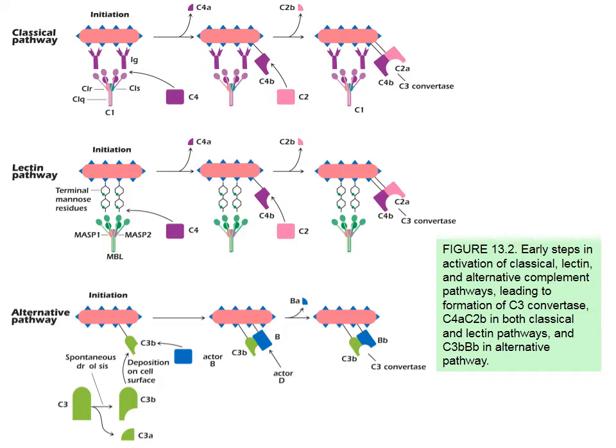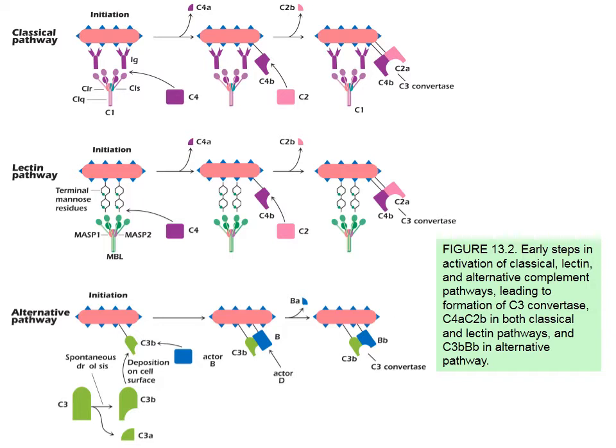Now, if you look at the early steps in activation of the classical, lectin and alternative pathways, you'll see that they all lead to formation of C3 convertase, which is an enzyme, and that will cause the breakdown of all the different steps. We don't want to go into detail, but it will give you an idea that for each and every step, there is an a portion and a b portion.